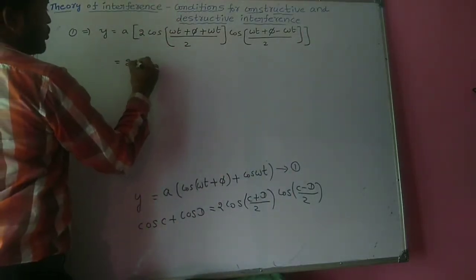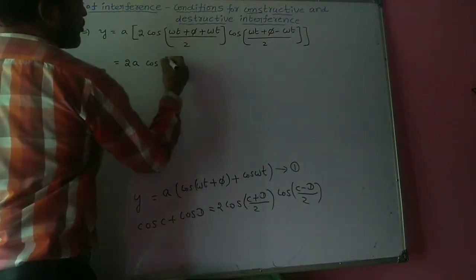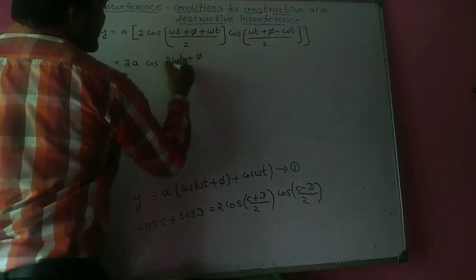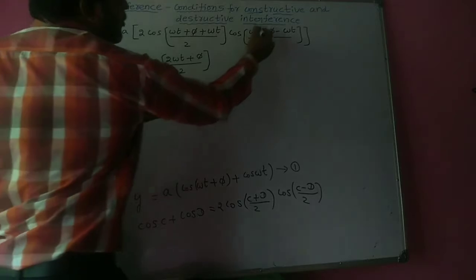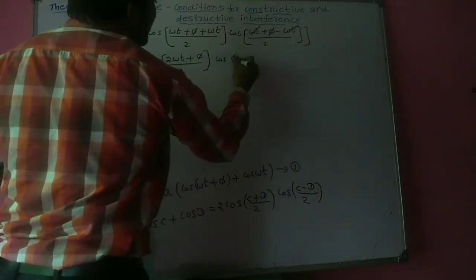So that is equal to 2a cos, omega t plus omega t can be written as 2 omega t, plus phi by 2. Here omega t cancels, we will get cos phi by 2.